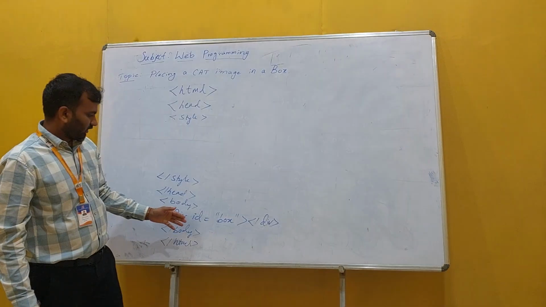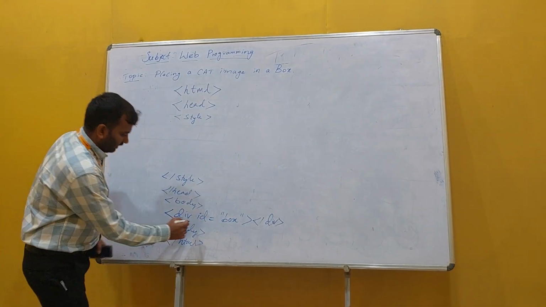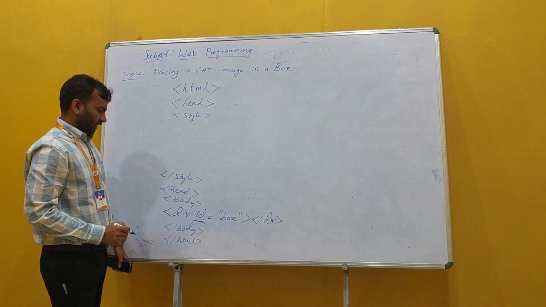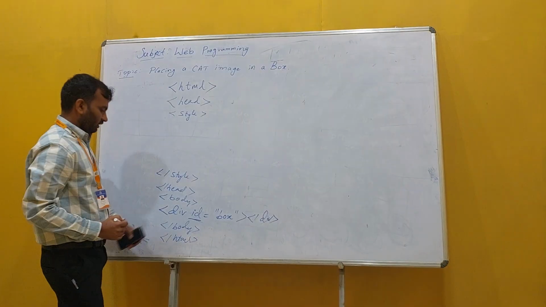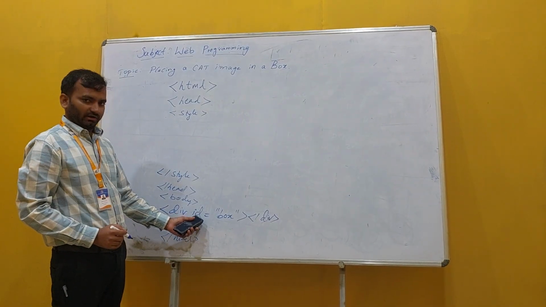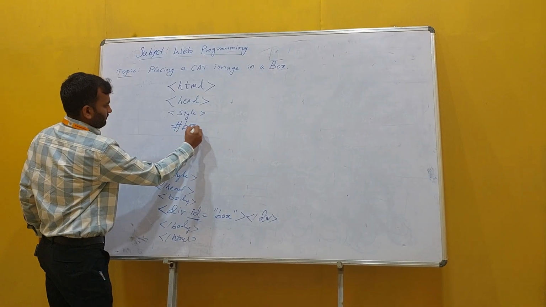For user understanding, name it as box. But here, please focus: I define the class name as ID. So whenever I write a div tag with ID, I need to mention it as hashtag box.